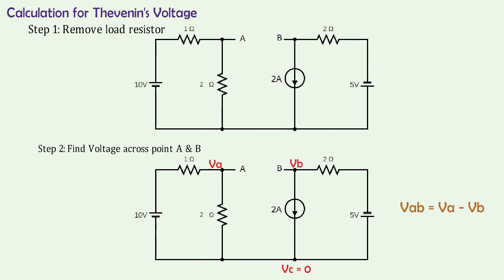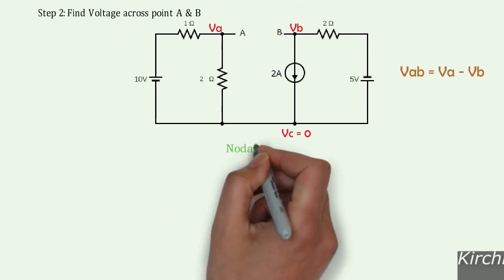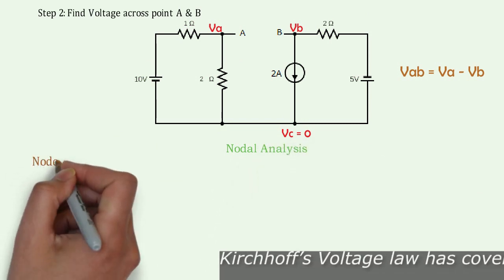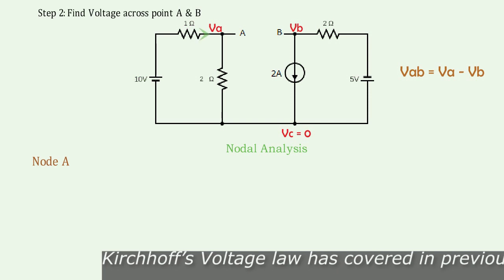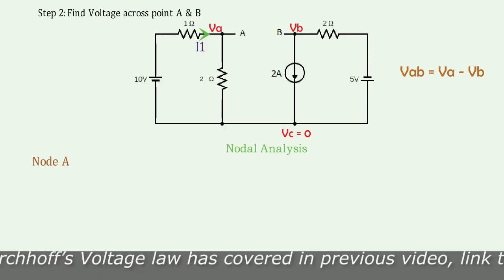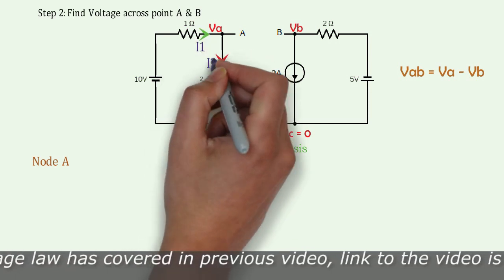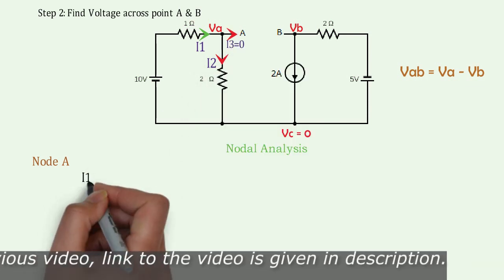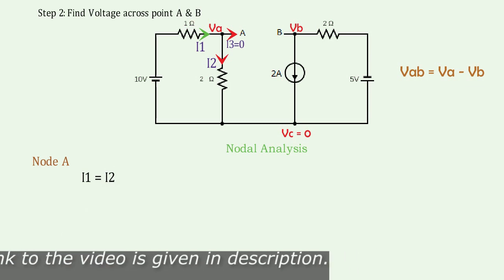Friends, in the previous sum, we took KVL in order to find Thevenin's voltage. Now we will go with nodal analysis. Here current I1 is entering the node while I2 is leaving the node, and there is no current in I3 as the branch is disconnected. Now the node equation can be written as mentioned.